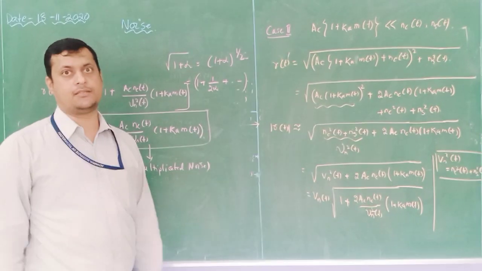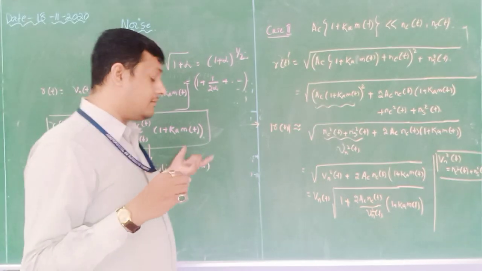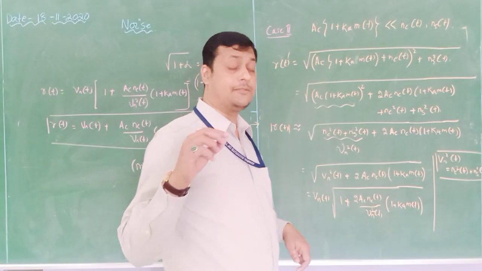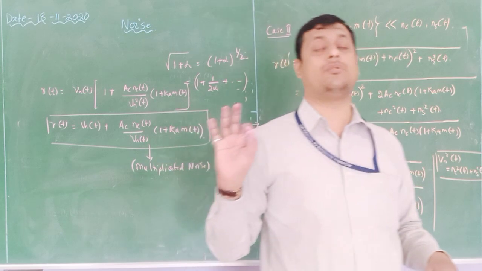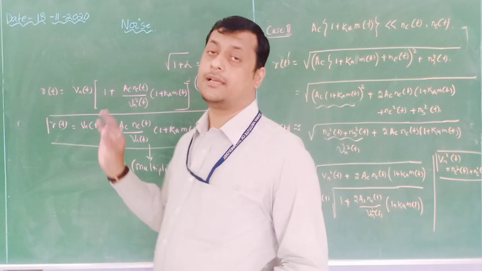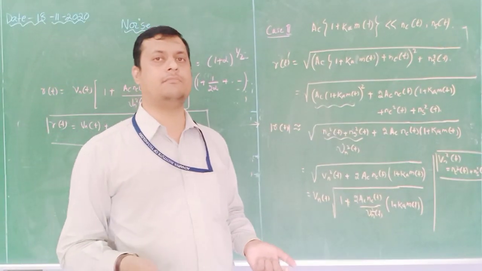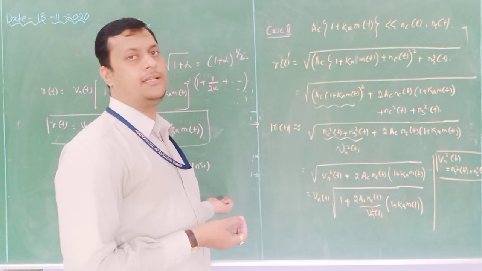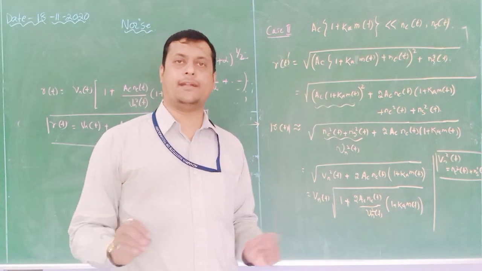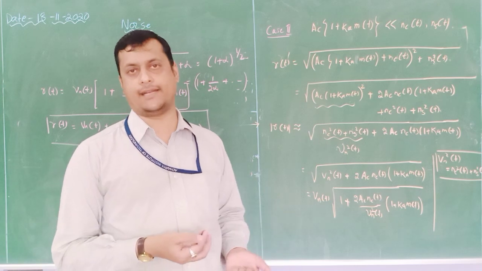This multiplicative noise will hamper your modulated signal, and the output will again become a noise component. It is worthless to calculate the signal to noise ratio as well as the figure of merit, because the signal to noise ratio will depend only upon the noise. So signal quality deteriorates, the noise component increases, and we cannot extract the modulating signal.